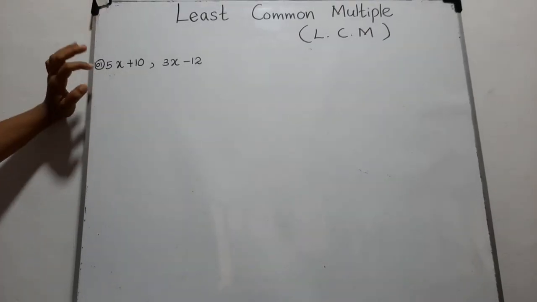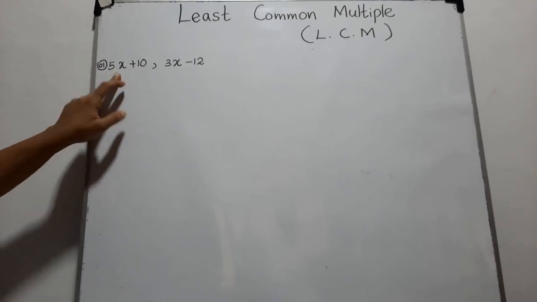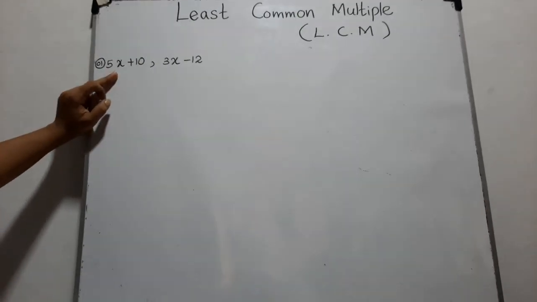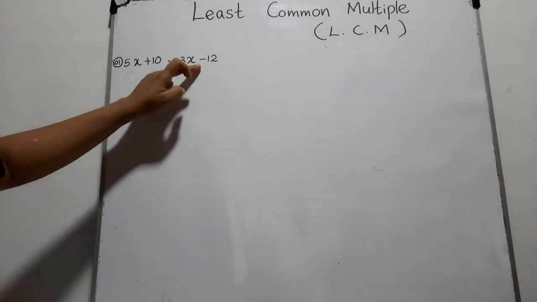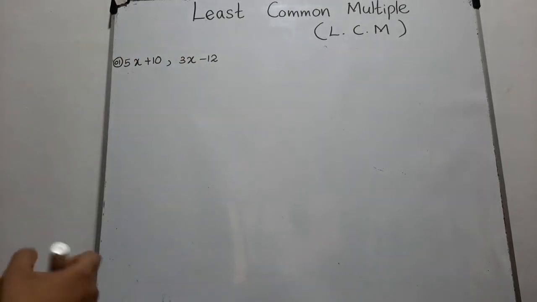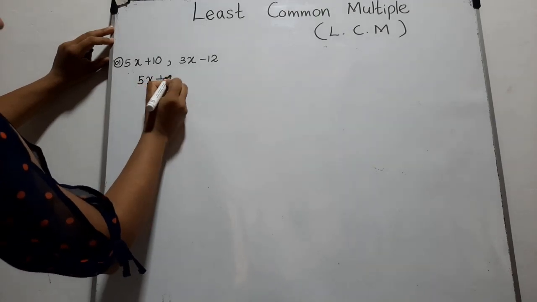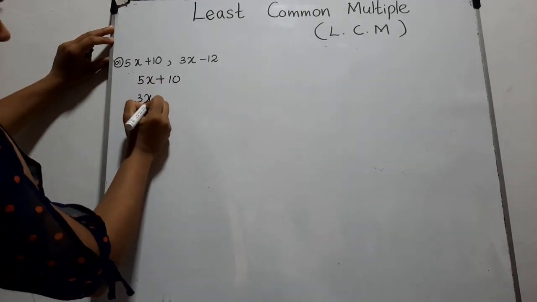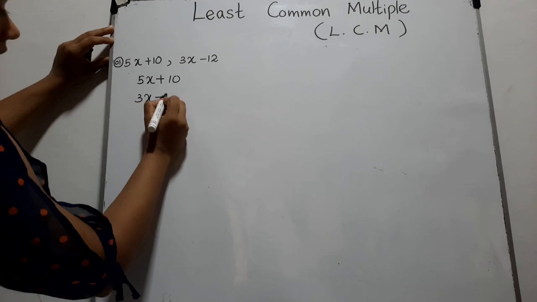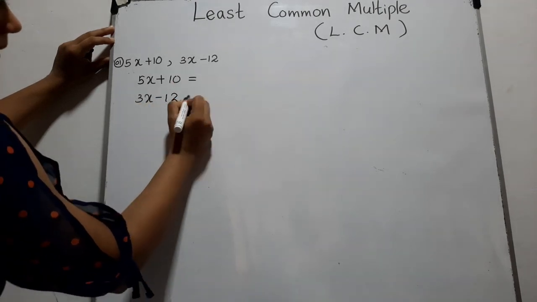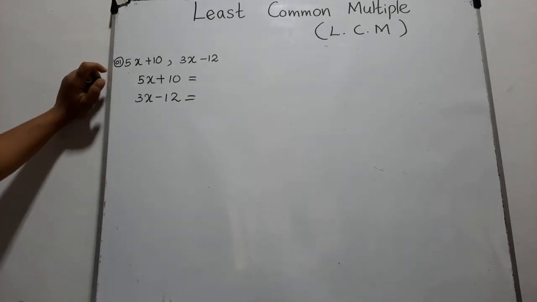Now let's see how we find the LCM of algebraic expressions. Here these two are binomial algebraic expressions. Let's see how we find the LCM. Here also we have to write each expression as a product of its factors.